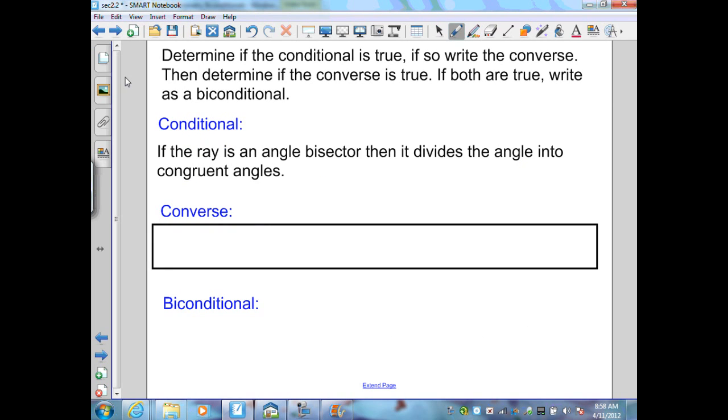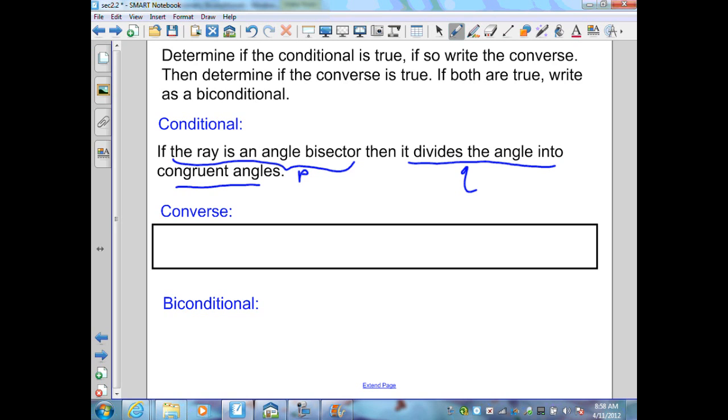In this example, we have the same directions as our previous slide. So we're given a conditional. If the ray is an angle bisector, then it divides the angle into two congruent angles. Let's identify our hypothesis. The ray is an angle bisector is P, and it divides an angle into two congruent angles is Q. That is a true definition.